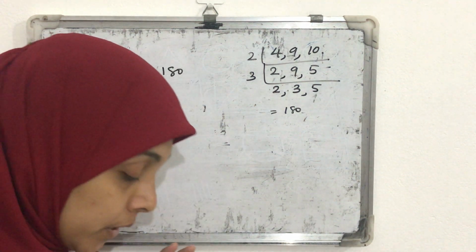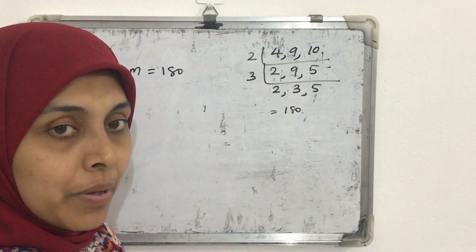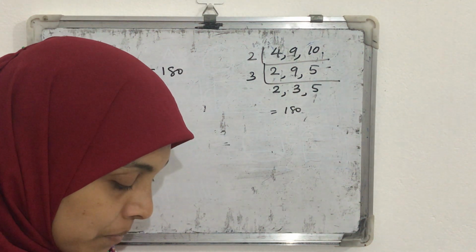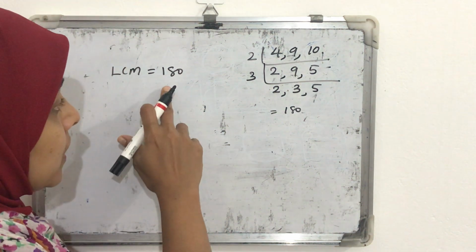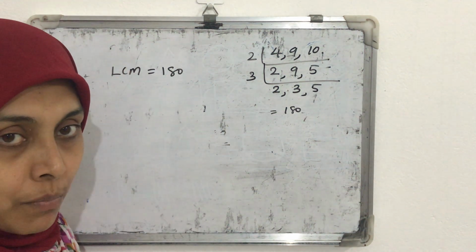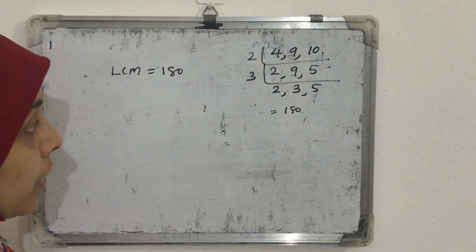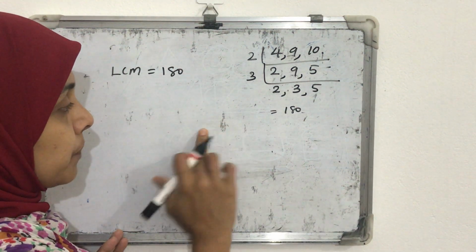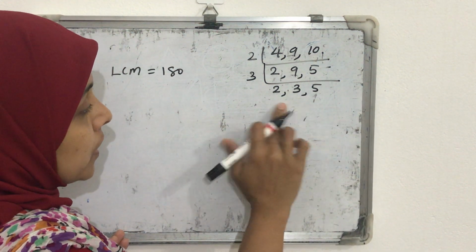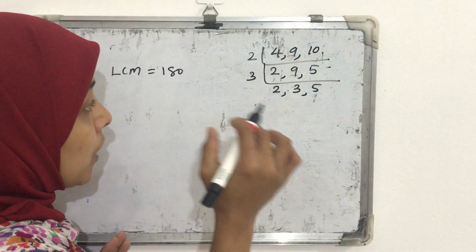Again, read the question. What do we want to find out? Find the smallest square number that is divisible by each of the numbers 4, 9 and 10. Now check, this number 180 is not a square number. We know it is not a perfect square. So when we find its prime factorization, we can find the prime factor which is without a pair.